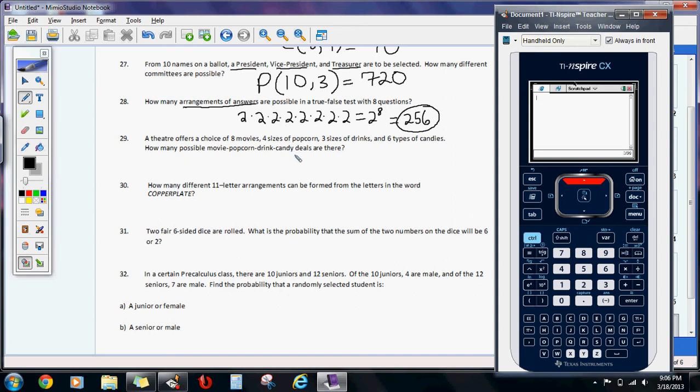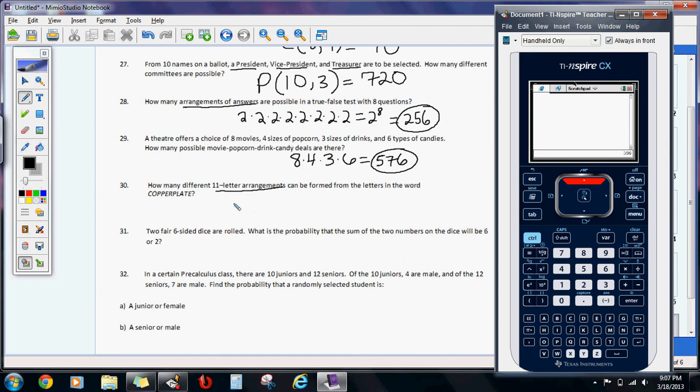Probably should have been a little bit more specific with that, but we have 8 choices of movies, then we have 4 sizes of popcorn, 3 sizes of drinks, and then 6 types of candy. So we just multiply those together. And after doing so, we're going to see that there are 576 different possibilities there.